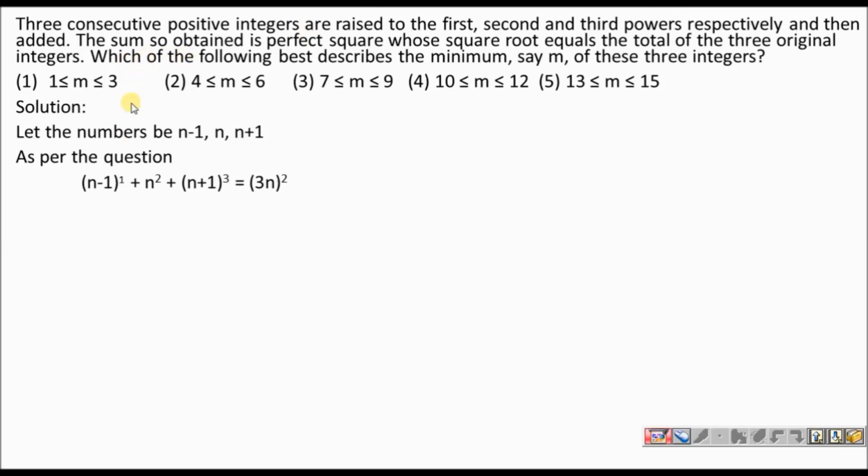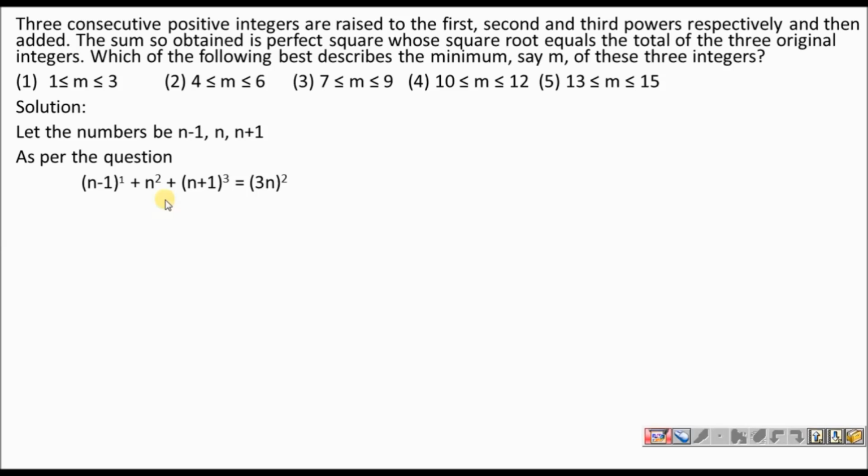The sum of the three original numbers is n minus 1 plus n plus n plus 1. The 1 and 1 get cancelled and I get 3n. So when I take the sum of these three on the LHS and take the square root of that, it equals 3n. Instead of that, I have taken the sum and squared it and equated it to my LHS. I hope this part is clear.